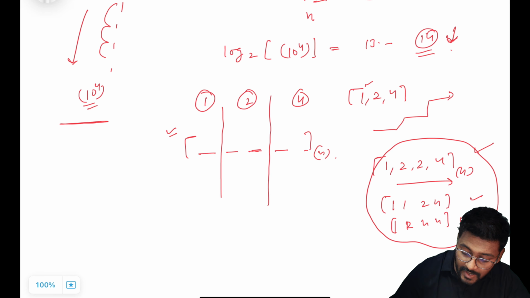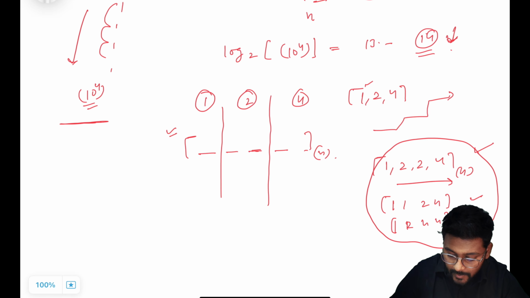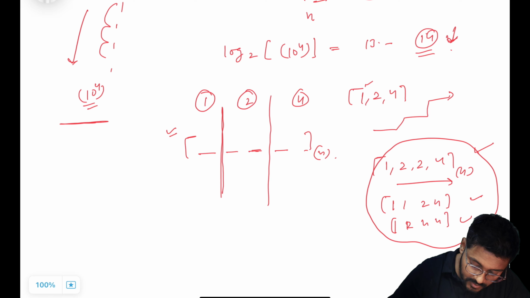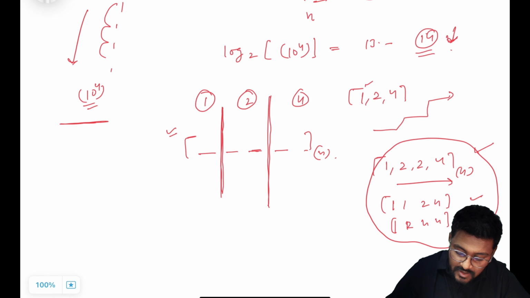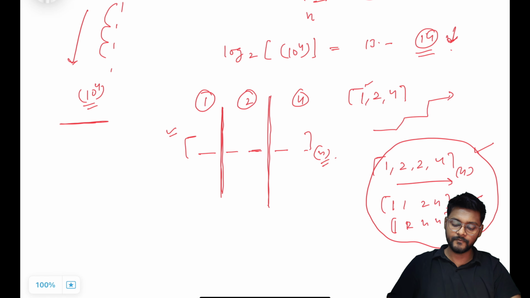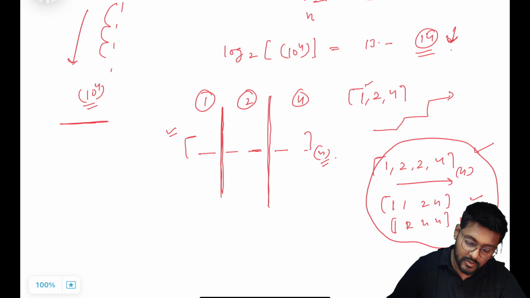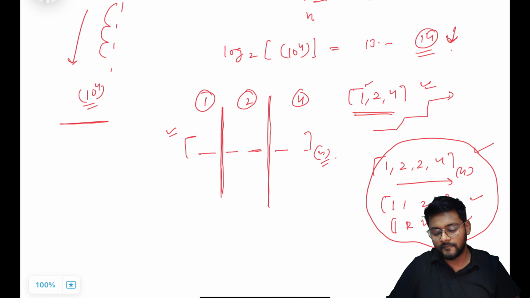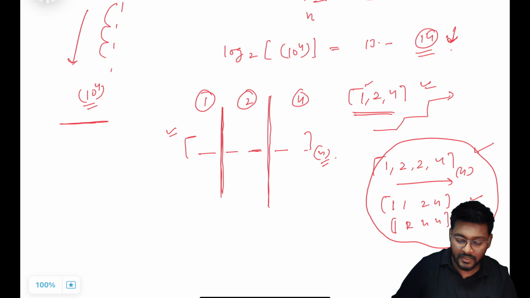Here, if you just try to analyze, at one portion I'm having 1, at some middle portion I'm having 2, at some right portion I'm having 4. So I just need to cut this section of size n into 3 portions. For 3 portions I need to decide two positions. Let's say these are the indices 0 1 2 3.